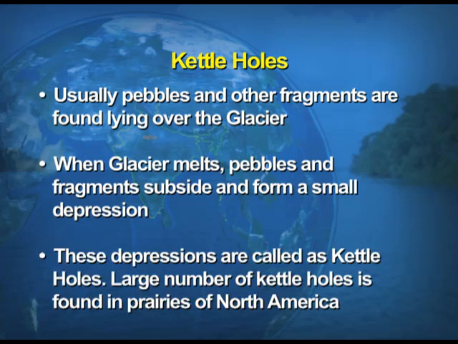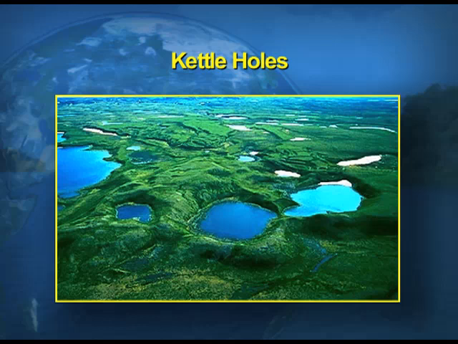These depressions are called kettle holes, and a large number of kettle holes are found in the prairies of North America. The term prairies means a temperate grassland of North America. On your screens you can have a visual of the kettle holes, again a depression area.